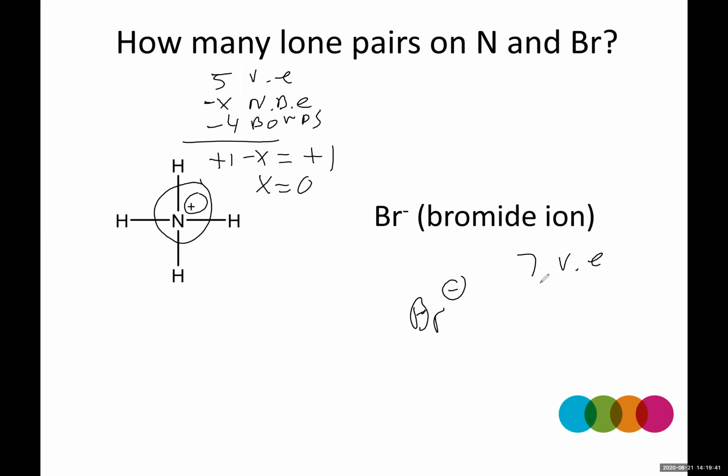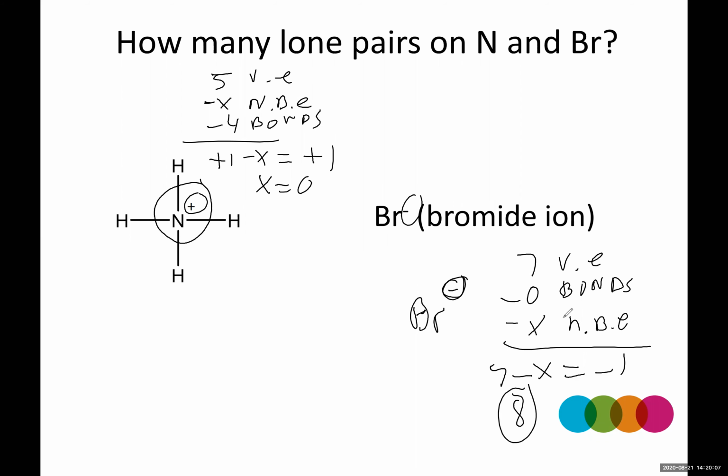And we're calculating the number of lone pairs, non-bonded electrons, which we'll call X. We don't know what that is. So 7 minus 0 is 7, minus X equals minus 1. So a bromide ion has 4 lone pairs around it, okay?